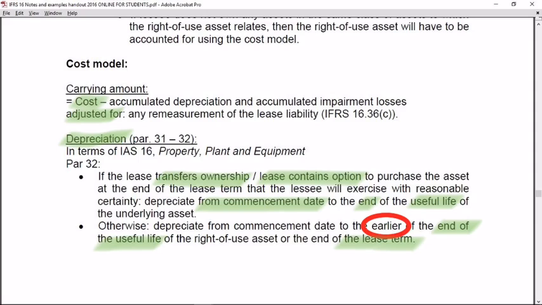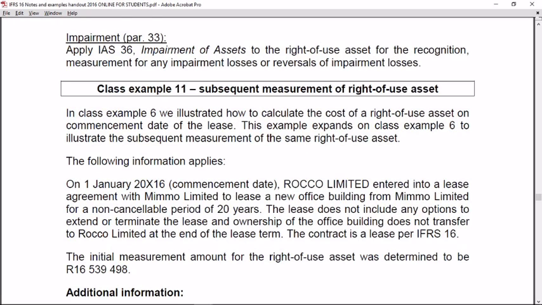So if this asset, for instance, has a useful life of 10 years, but the lease term is only 5 years and ownership does not transfer to the lessee, you'll use the 5 years as the period over which you calculate depreciation. Impairment of the underlying asset is determined by applying the principles contained in IAS 36, impairment of assets.